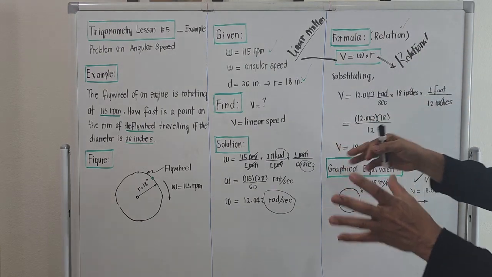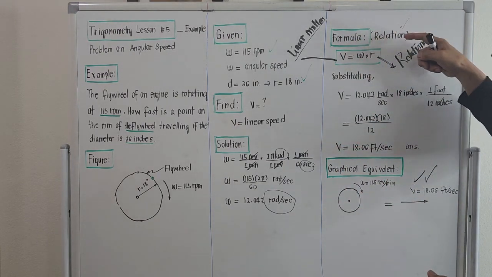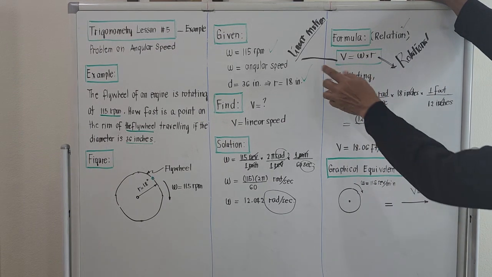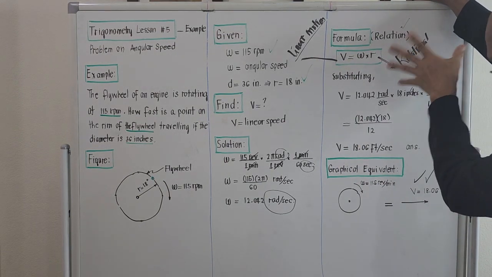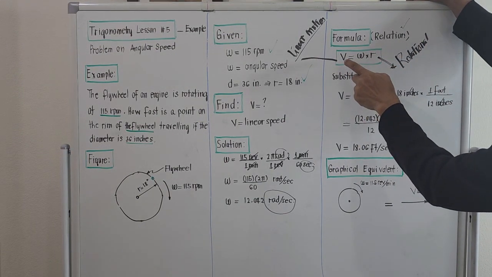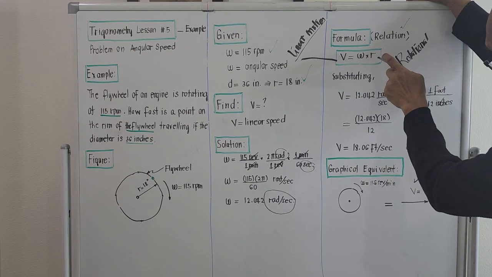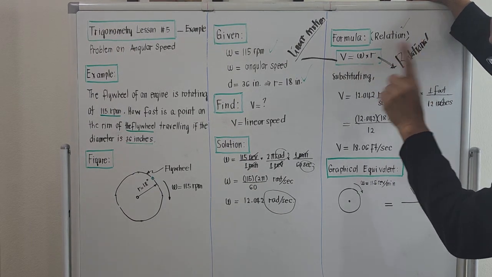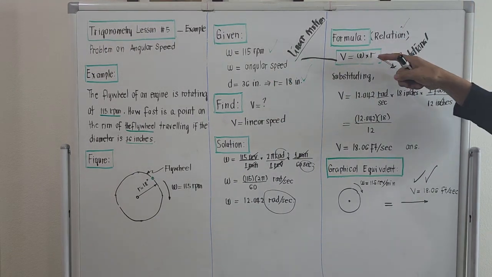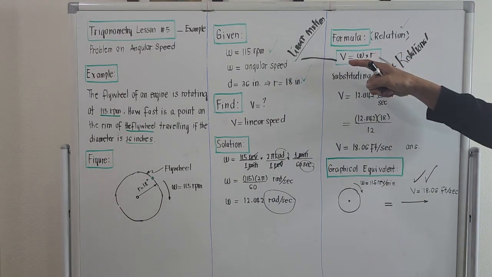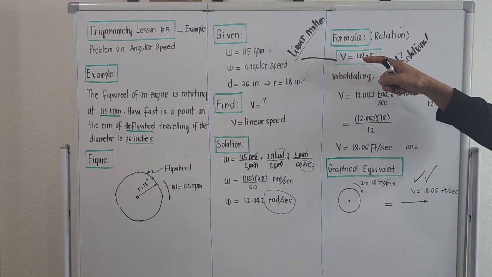And the relation for this, that's why I place it here, the relation of linear speed with respect to angular speed is: linear speed is equal to omega times r. Since this is angular rotation, there should be a radius or diameter. That's why there is an r over here.